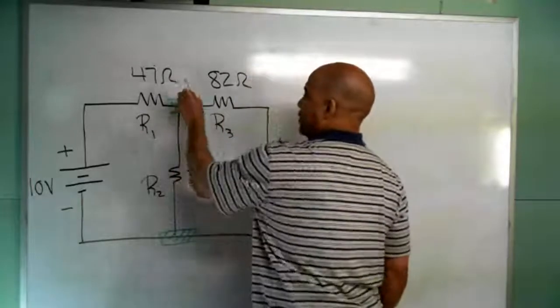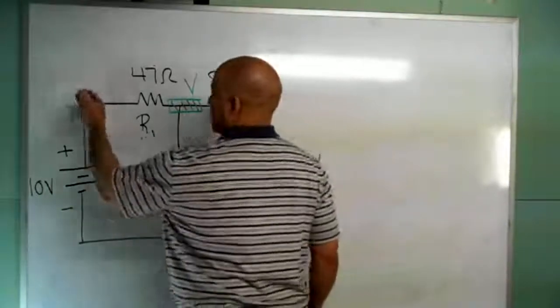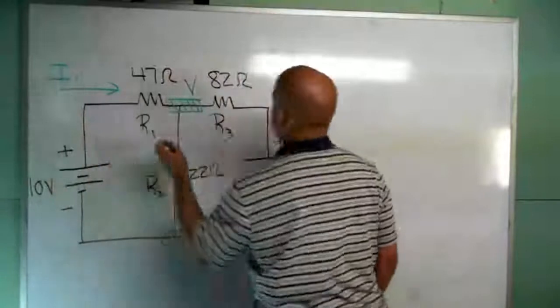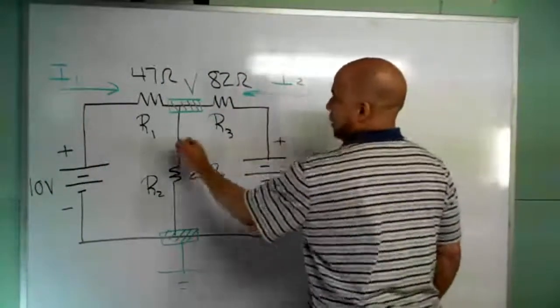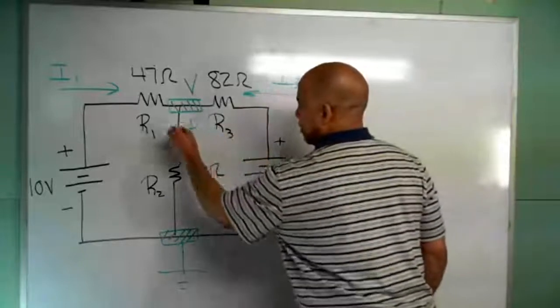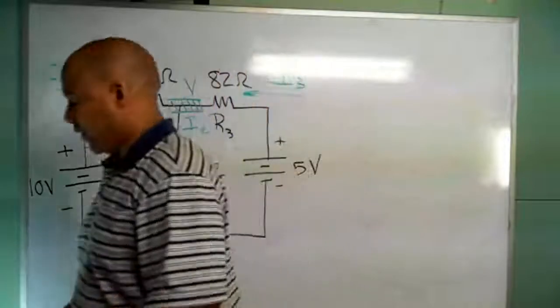All right, so this is V. Here's my reference. I'm going to assign current directions just like I did before. I1, I2, and now I'm going to make this I3. I3 and I2 is right here. So there are my current directions, and you go ahead and write the KCL for that.